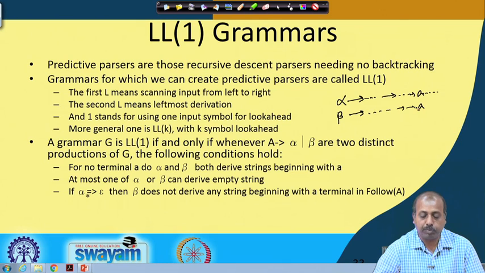So, at most one of them can give epsilon. Then we do not have any problem of choice, otherwise there is a choice. I can either produce by A producing alpha or A producing beta, and I really do not know which one will be correct.